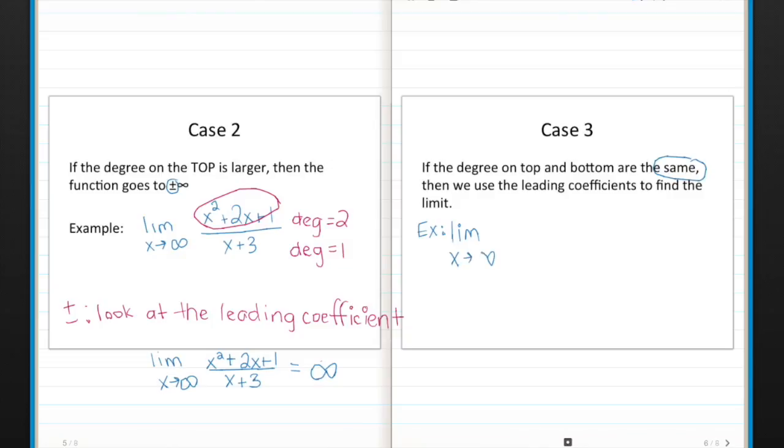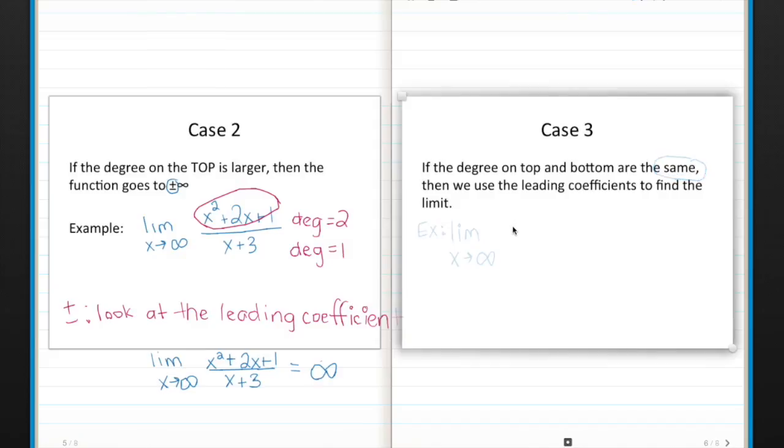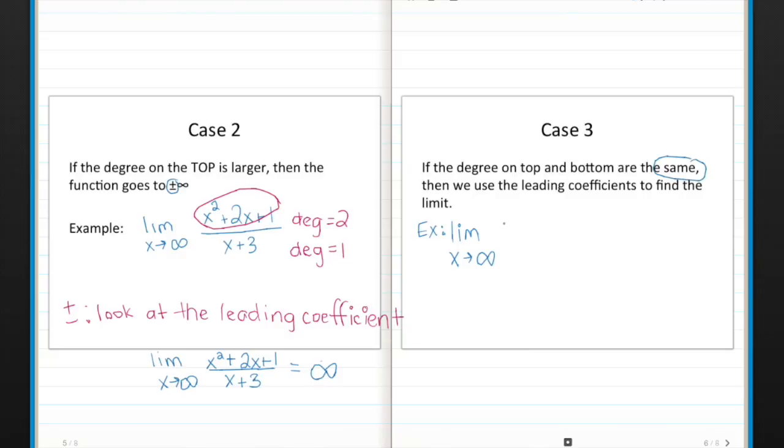Moving on to case 3. If the degree on top and bottom are the same, then we are going to use the leading coefficients to find the limit. This will require a little tiny bit more math, but nothing too bad. For example, let's look at the limit as x approaches infinity of 3x squared plus 5 over 2x squared minus 7.